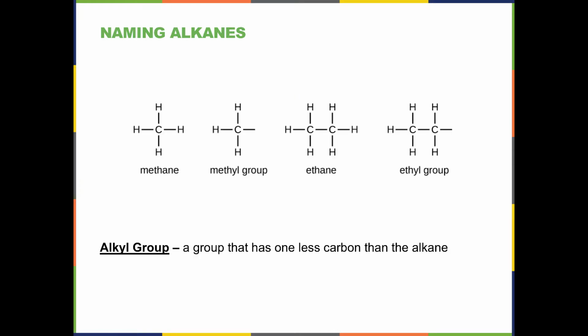Now, a side group that's not just a simple chlorine or bromine is called an alkyl group, and this is a group that has 1 less carbon than an alkane and is attached to the long chain at some point. And so methane, the alkyl group, would be methyl, and ethane, the alkyl group, would be ethyl.